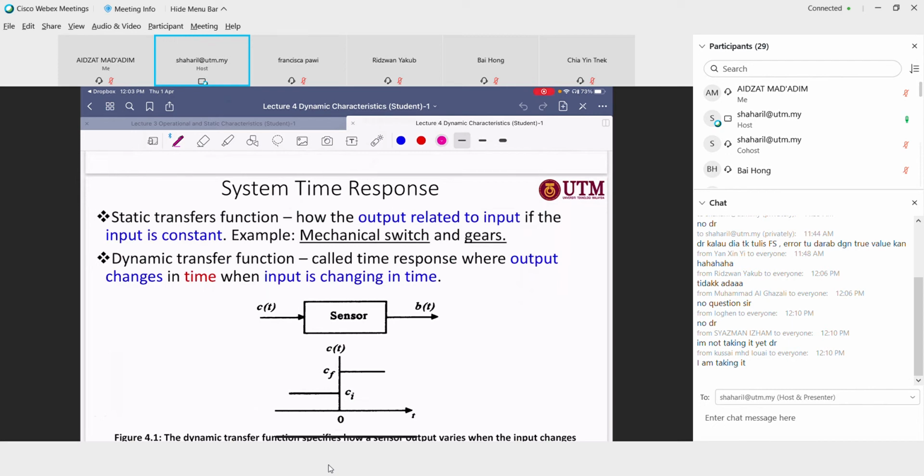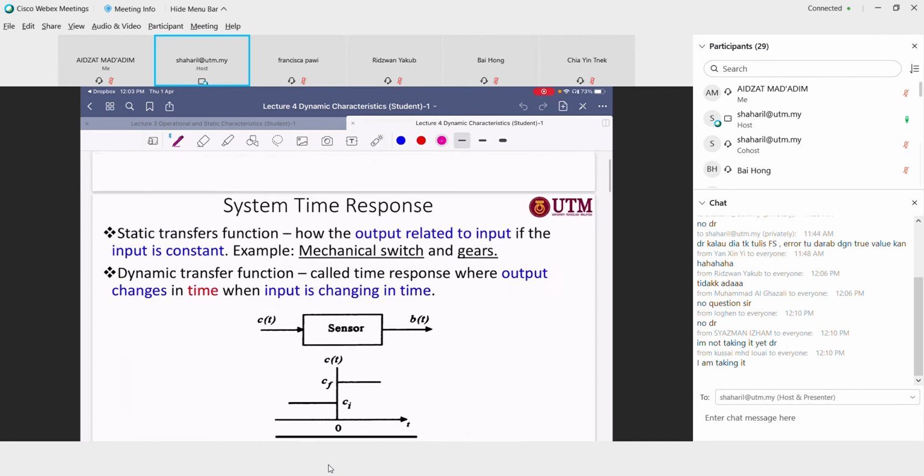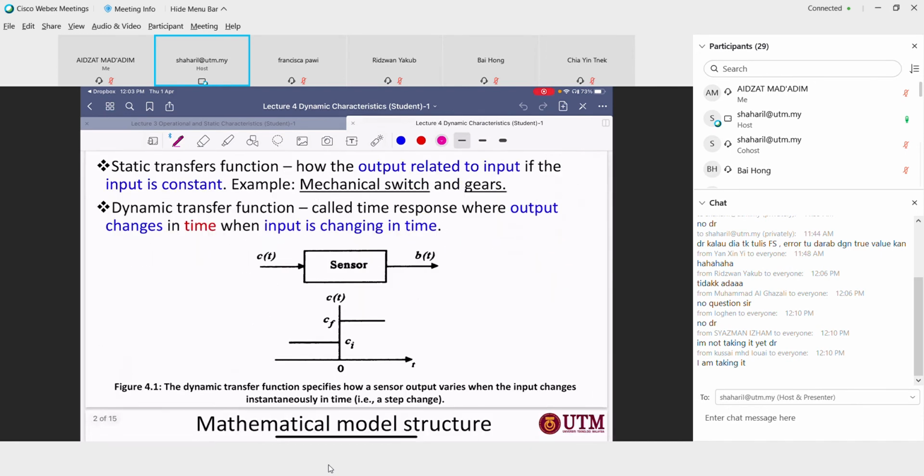So you already learned this in control engineering. Okay, some of you lah. Static means when you give the inputs, okay, I just draw this one. You give the input. This is your input, this is your output, and inside this one is your transfer function.